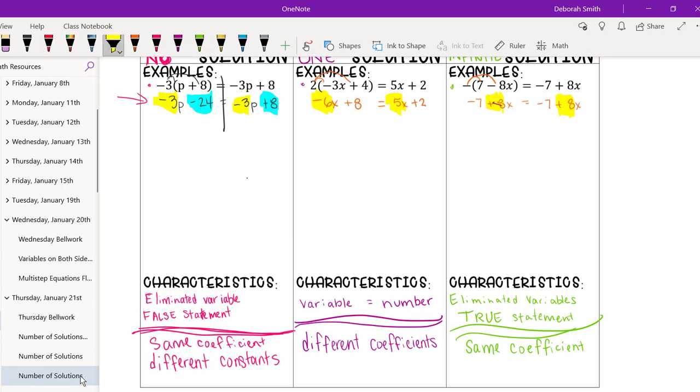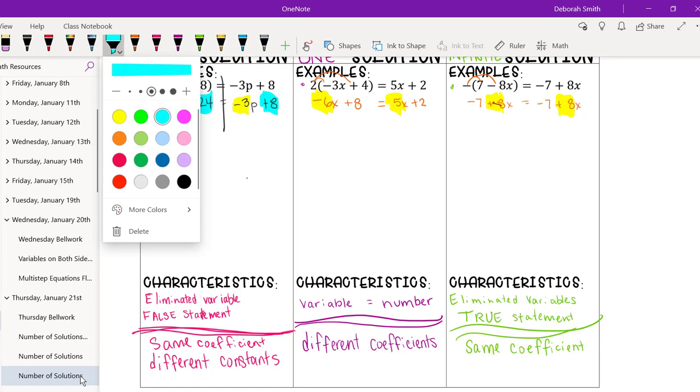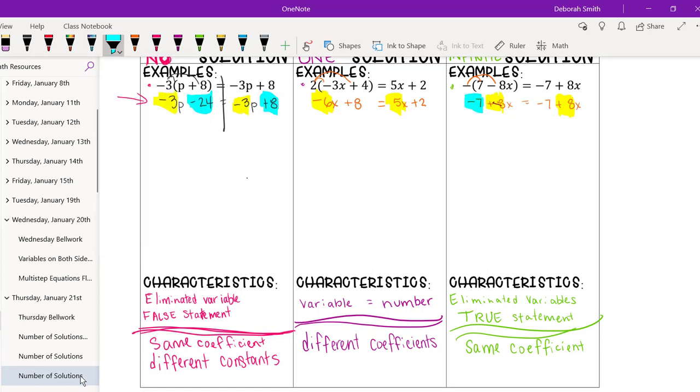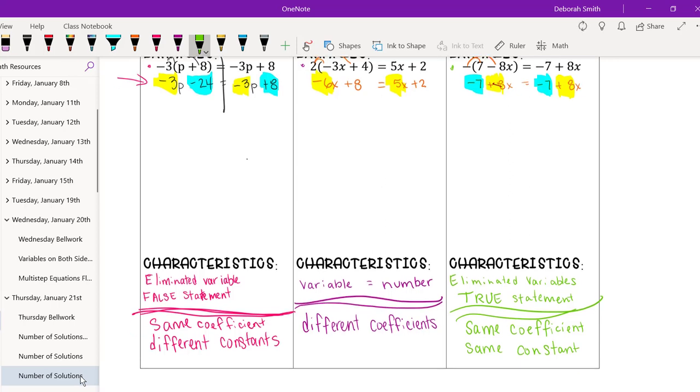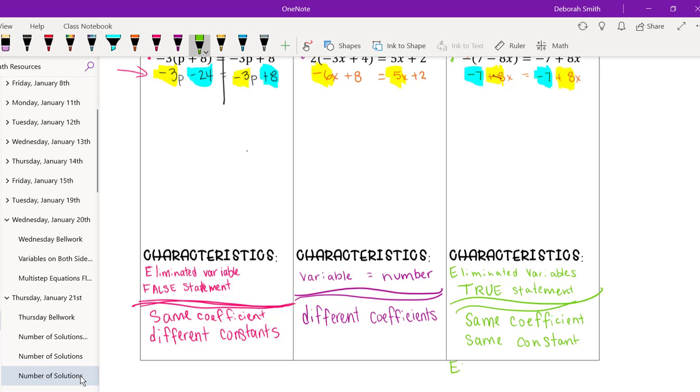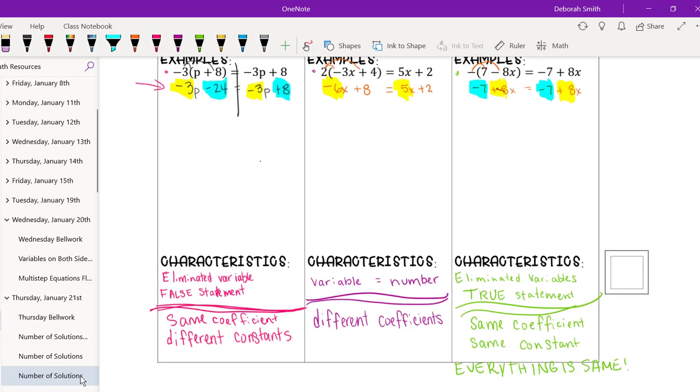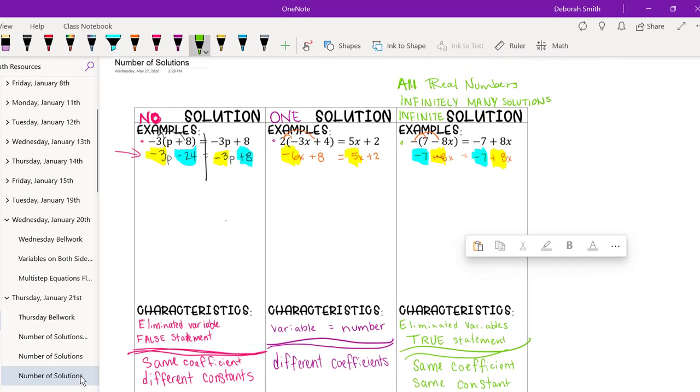So let's look at our constant. Our constant on the left side is negative 7. Our constant on the right side is negative 7. In addition to having the same coefficient, I also have the same constant. If everything matches up, then you have, for that equation, an infinite number of solutions.